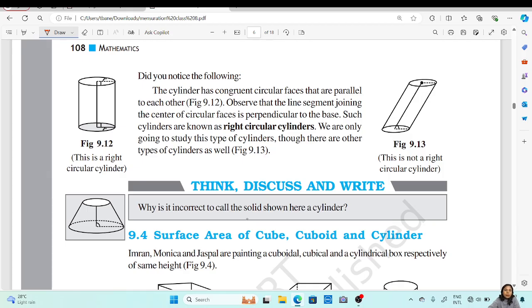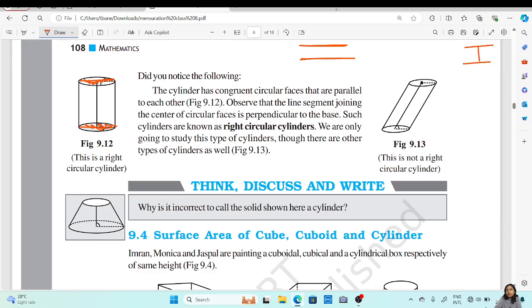So look at this. In this case, what they are saying is that the cylinder has congruent circular faces, which is this. So this is the congruent circular faces and they are parallel to each other. Parallel means like this when they are in this form. So one is here and one is here. So they are parallel to each other. Then say now there is a line segment that is joining both the circular faces and that line segment is now perpendicular.